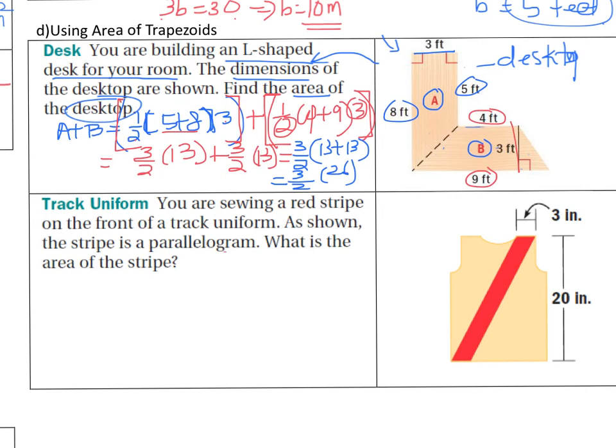You can cancel out the 26 and 2, simplify I mean, and then 13 times 3 would be 39 feet squared.